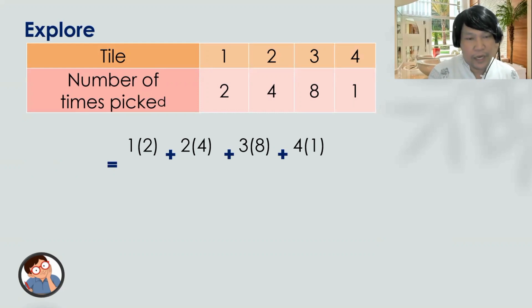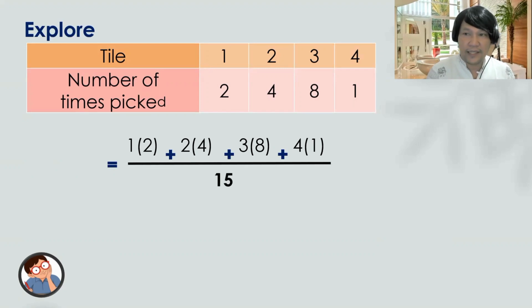To get the average, we divide the sum of the products by 15 because we picked the tiles 15 times.